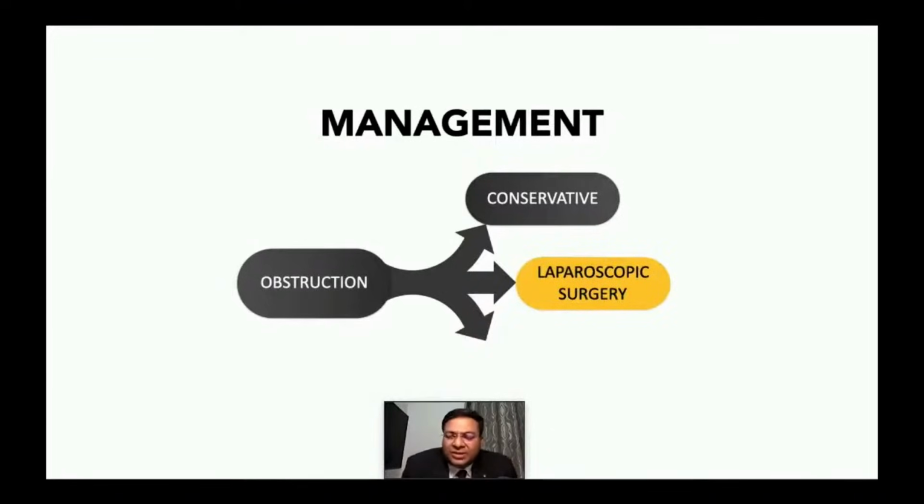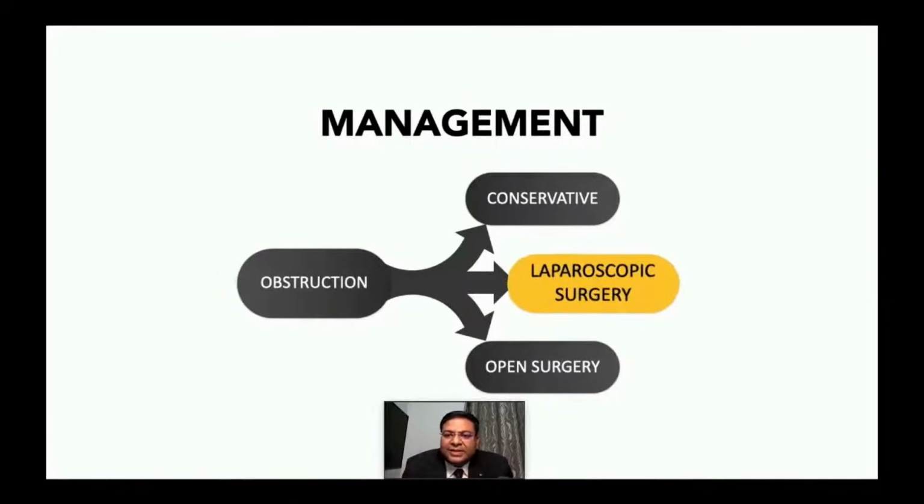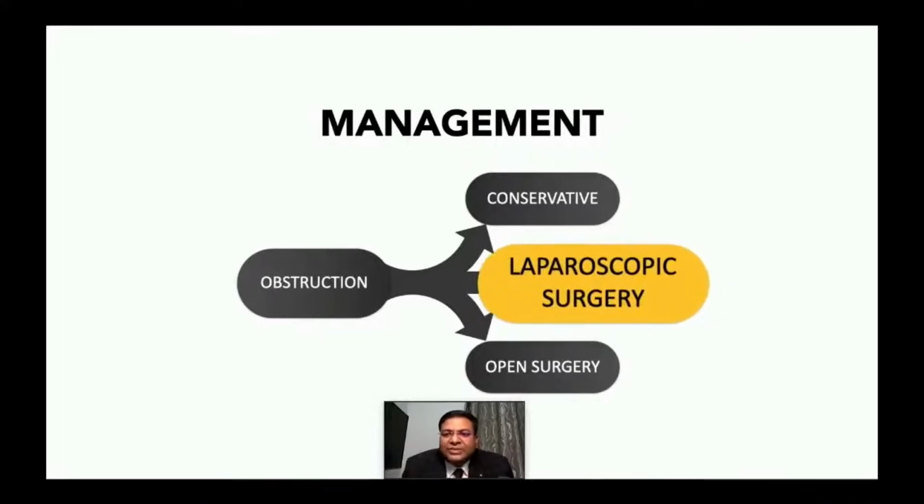We make small holes, see inside what the problem is, and then tackle the problem. Open surgery can also be done. But our center is a center of excellence for laparoscopic surgery, and has been doing such complicated cases for more than 30 years by laparoscopic means, so our center prefers laparoscopic surgery.